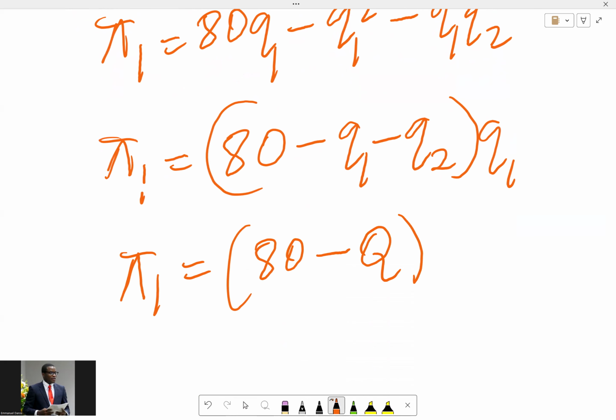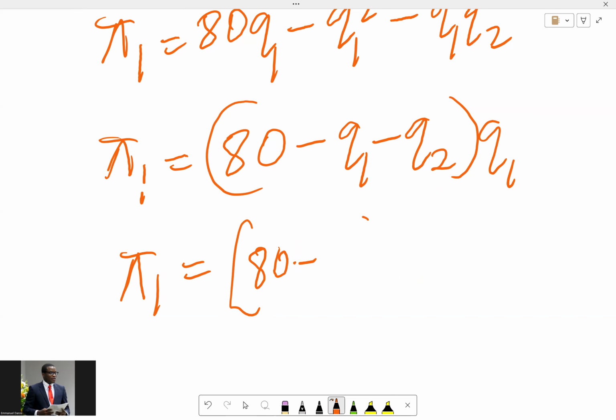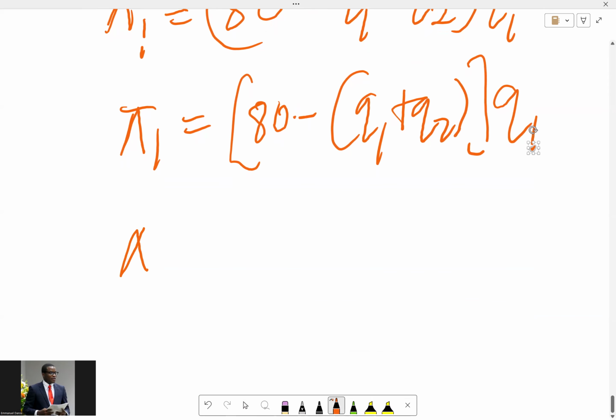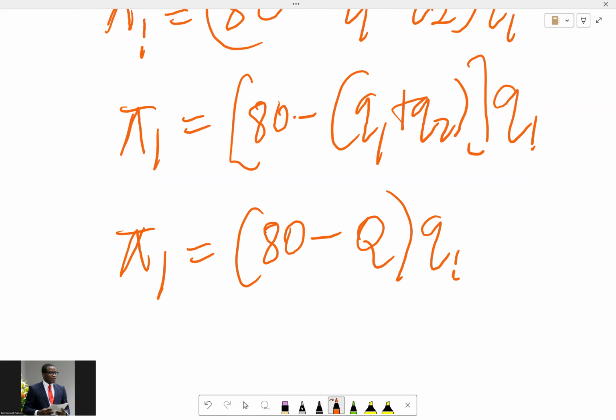Since we already have a big Q, this is the same thing as 80 minus Q1 plus Q2, multiplied by Q1 again. So pi 1 is 80 minus big Q multiplied by Q1.